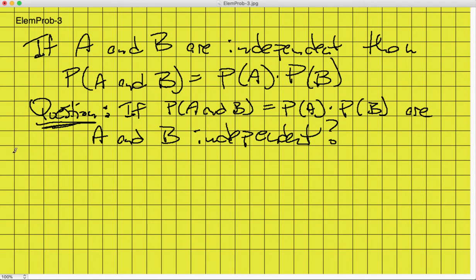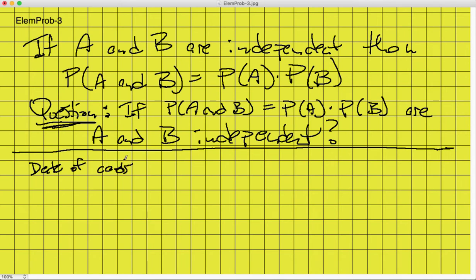But now I have another question for you. We know the idea of what independence is, and I think that you would find it easy to believe that drawing a card from a deck and rolling a die are going to be independent events. But suppose, again, I have a deck of cards, and I want to consider two experiments.